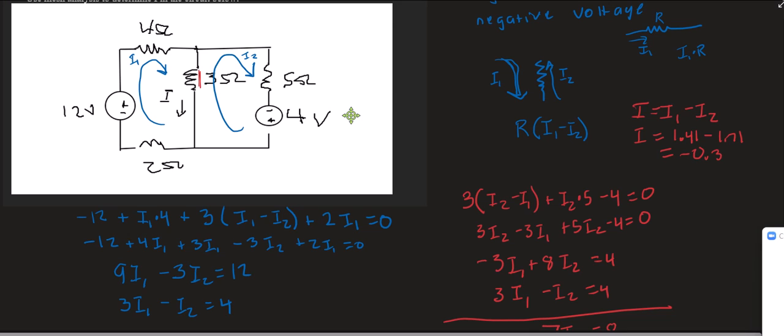Now if I were interested in I through the 4 ohm resistor, that would just be I1. But going down here, that's a combination of I1 and I2. Okay, so are there questions on this one?